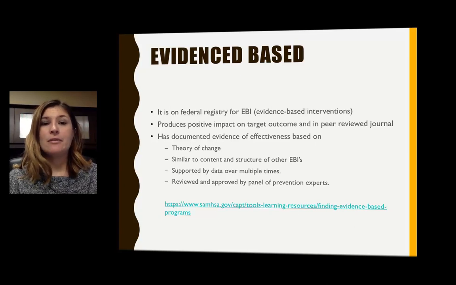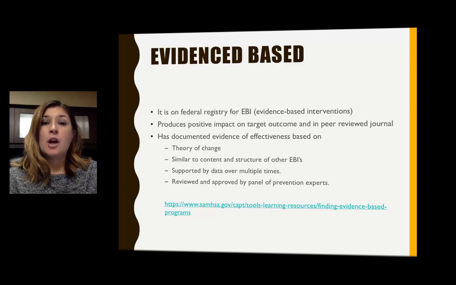When selecting a prevention program, you want to make sure you're selecting a program that is based on the best data available and has been found to effectively reduce substance use and abuse. It usually needs to be on a federal registry for evidence-based interventions or programs. It should produce a positive impact on your target outcome, be peer-reviewed in a journal.